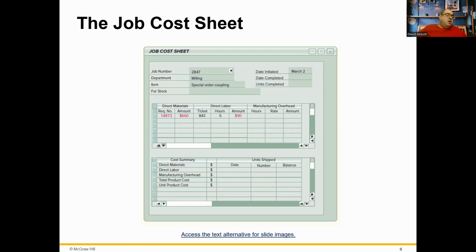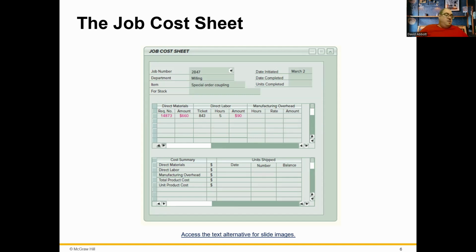This is a job cost sheet. The accounting department relies upon a job cost sheet for tracking of direct and indirect costs. Again, it might be a piece of paper, or it might be on a computer, like our example here. What we see here is an overview of a job cost sheet for a hypothetical company called Youst Precision Machining.